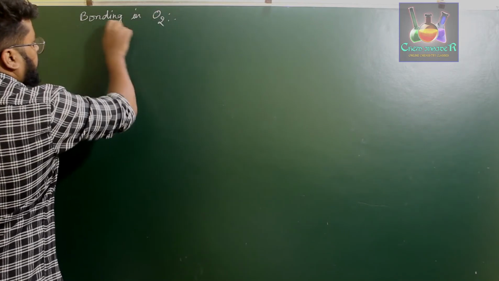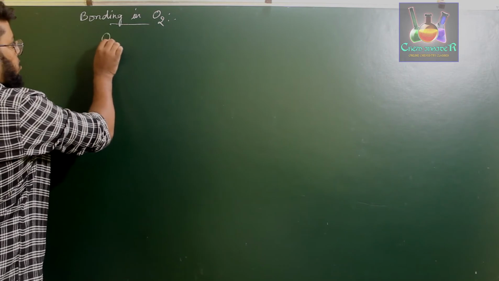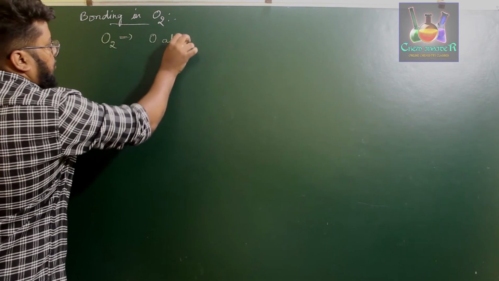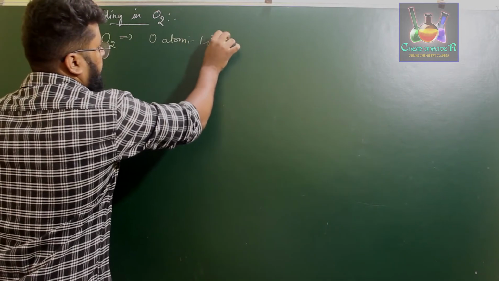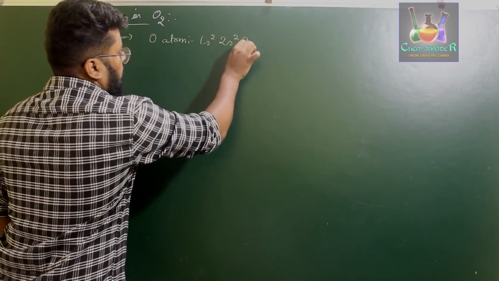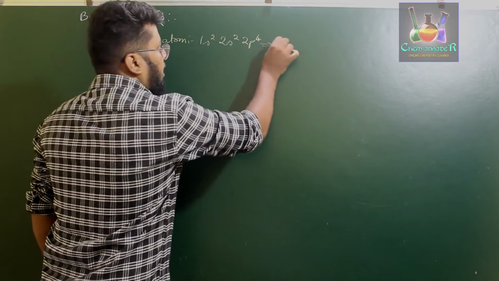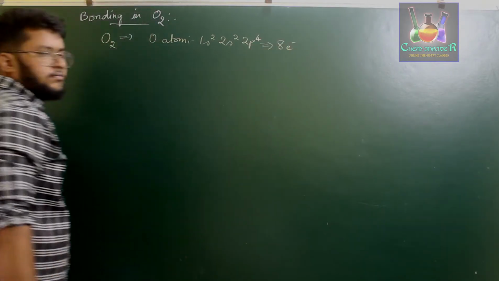Now, consider the bonding in the homonuclear diatomic molecule of oxygen. The oxygen molecule has two atoms of oxygen, and the atomic electronic configuration of an oxygen atom is 1s2, 2s2, 2p4. So clearly it carries 8 electrons in its atomic state.